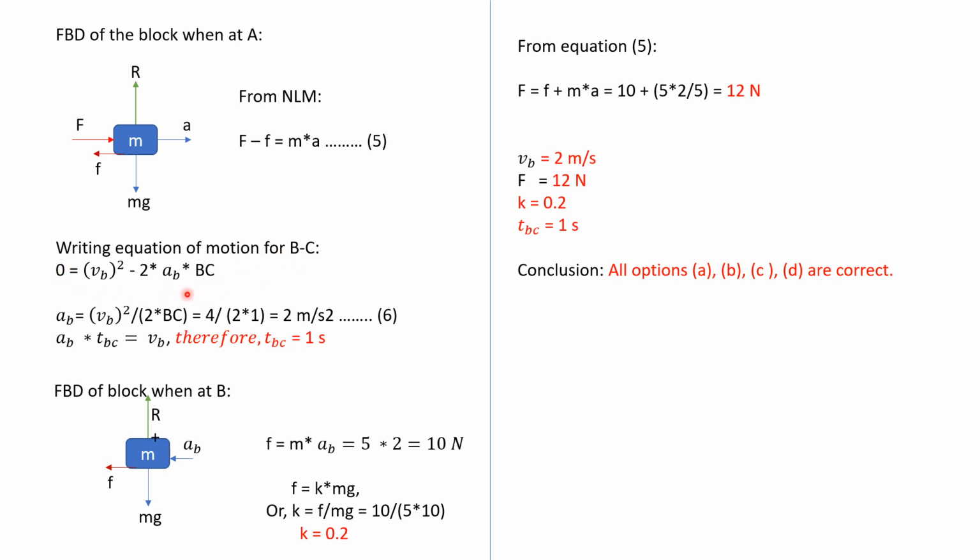So this is the equation of motion, and you can put in the values. Here AB you will get as 2 meter per second square, the acceleration of the block when the force F stopped working, acting in the negative x direction because it is a retardation.